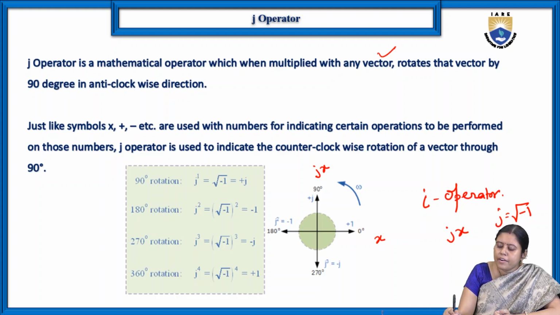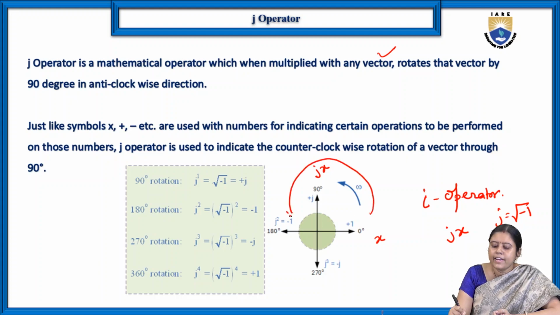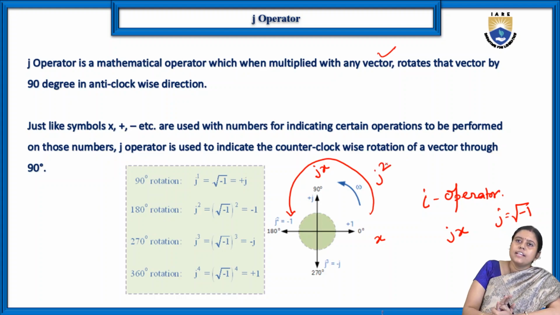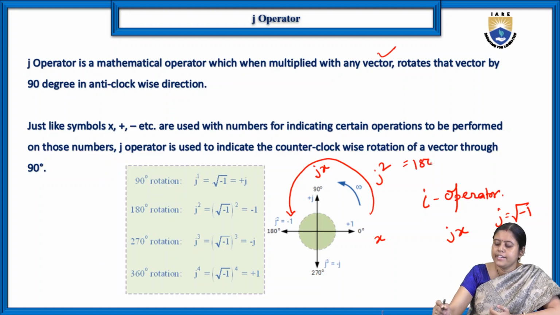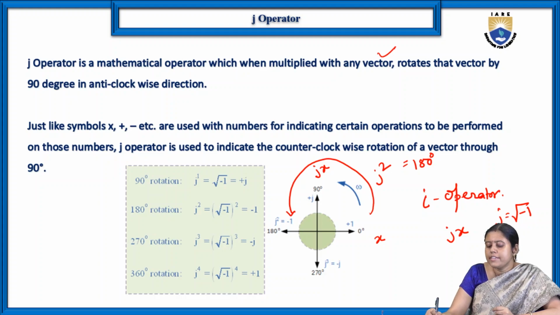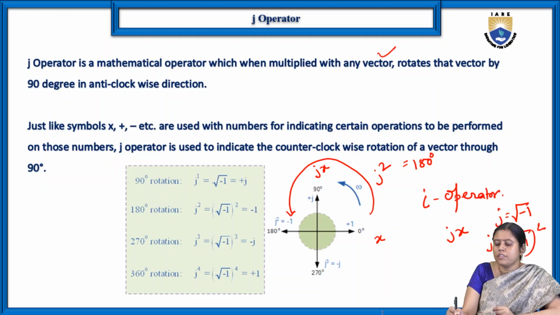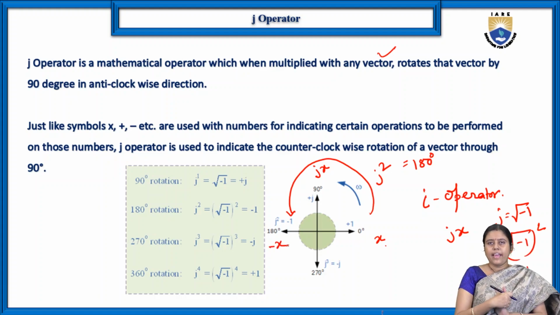If we do it 2 times, 90 and 90, it is j square, which means 180 degree rotation. If j is equal to root of minus 1, then j square is equal to minus 1. So if it is x, it becomes minus x.